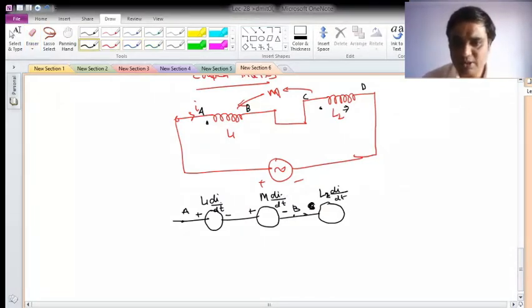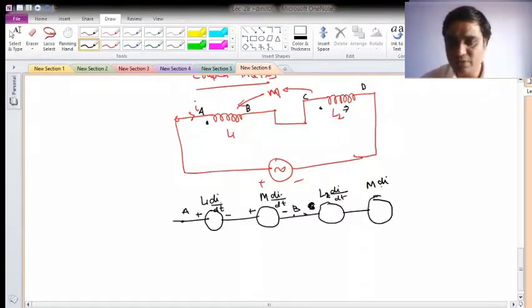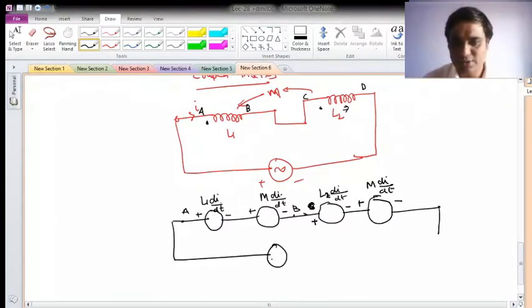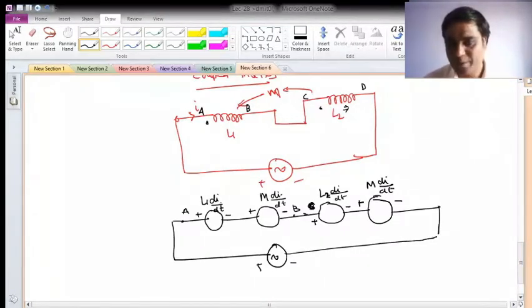So it will be basically L2 di by dt, and one more thing will be there, EMF induced will be M, due to flow of current in coil 1, so it will be same di by dt. Now what are the directions? L2 will be same, this will be positive, this is negative. Again I observe that current is entering into the dot side, so this will be positive, this will be negative, and to this we have connected the voltage source positive negative here. So this is my V of t and this is my I of t.